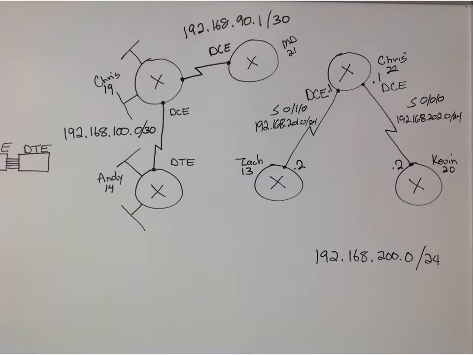We configured this. I configured router 21, and then the students configured their routers, and they got these communications to work. So what we were able to configure was being able to ping between these two routers.